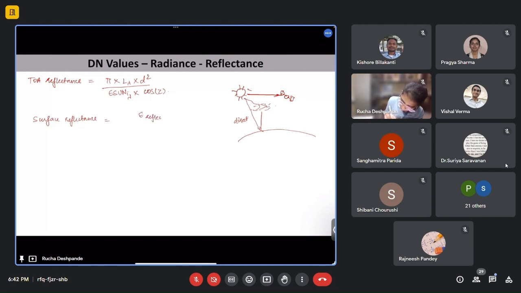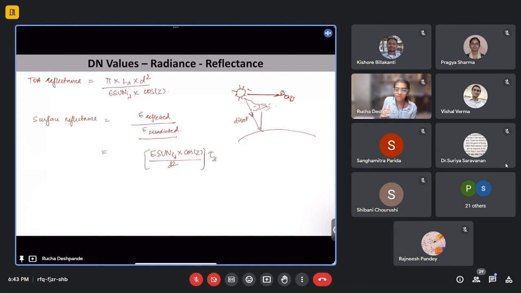Reflected energy is E sun lambda into cos z divided by d square, and then to this term we multiply the transmissivity of the atmosphere between Earth and the Sun.